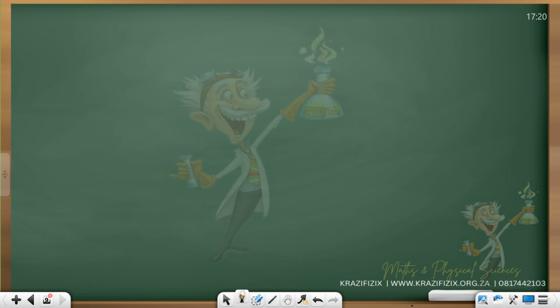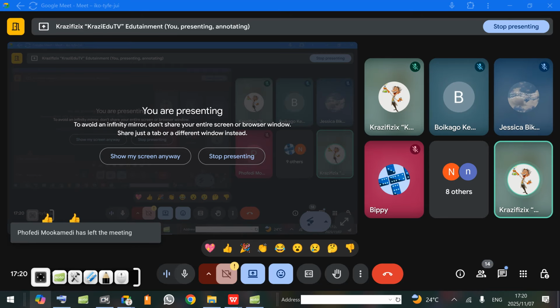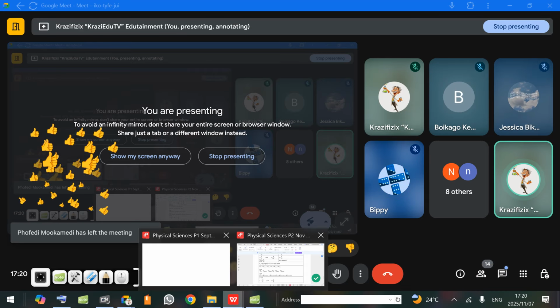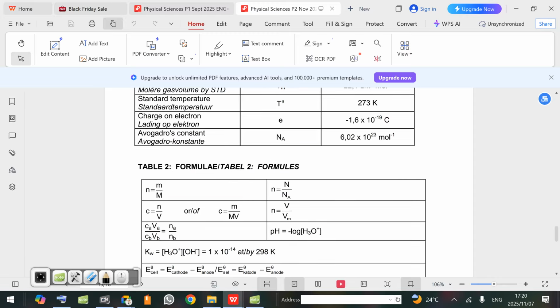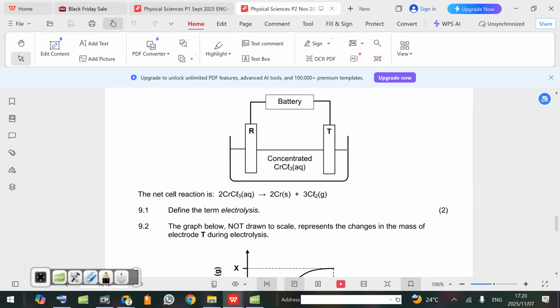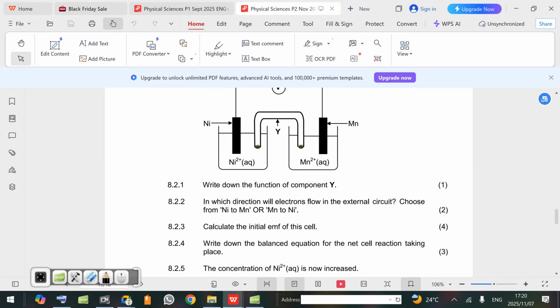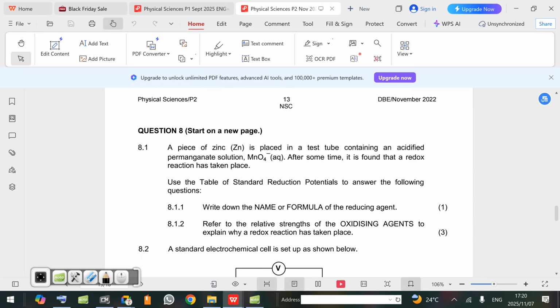Lovely. Okay guys, let's start with something very soft. Please get your tables out. So we keep the question. I think this is a lovely one. Oh, I love this one. Beautiful. Spontaneity here, 8.1.